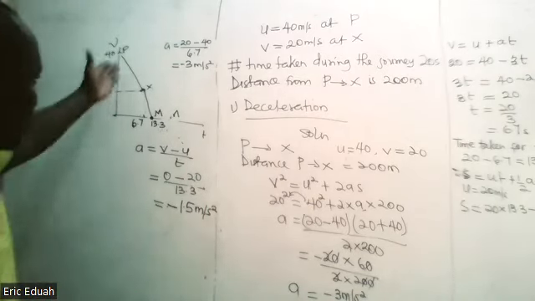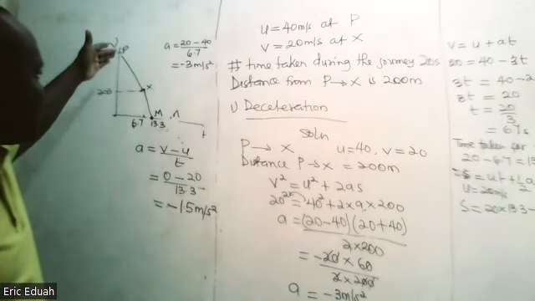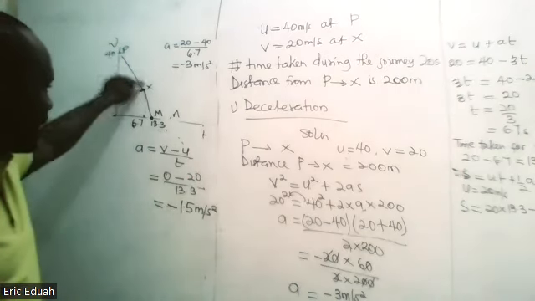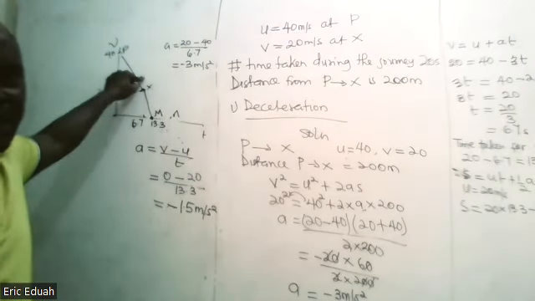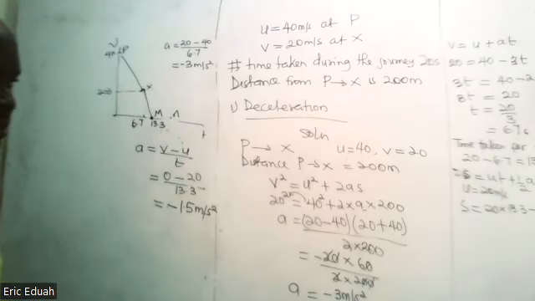And once it isn't the same, it means that the body decelerated differently from P to X and also decelerated differently from X to M. Are you okay?